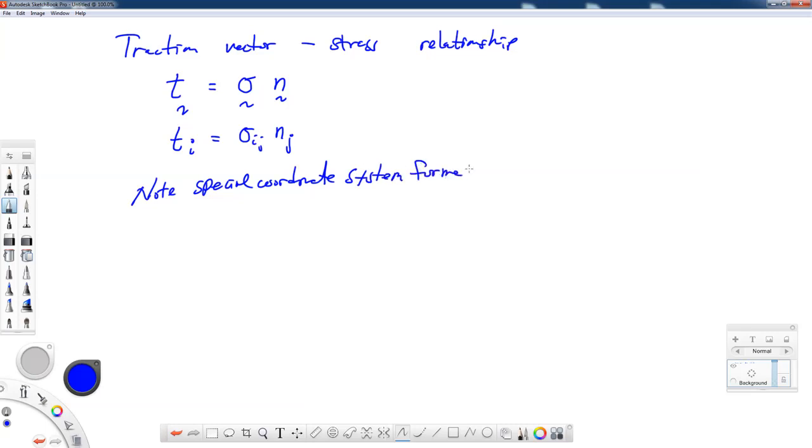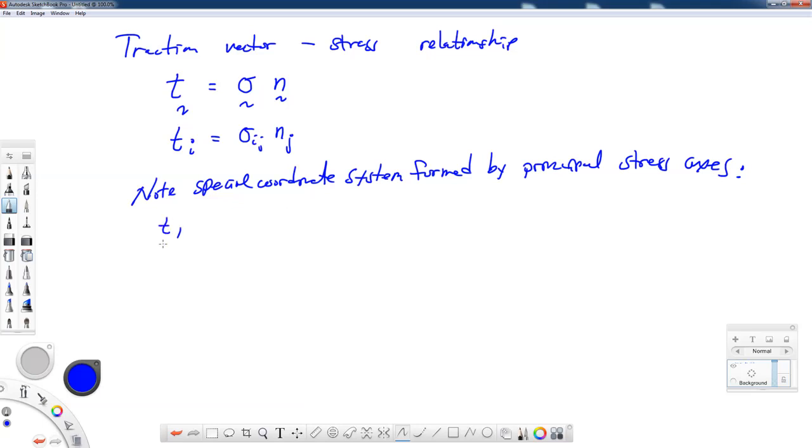One that is formed by our principal stress axes. So our sigma ij is going to look a little bit special.